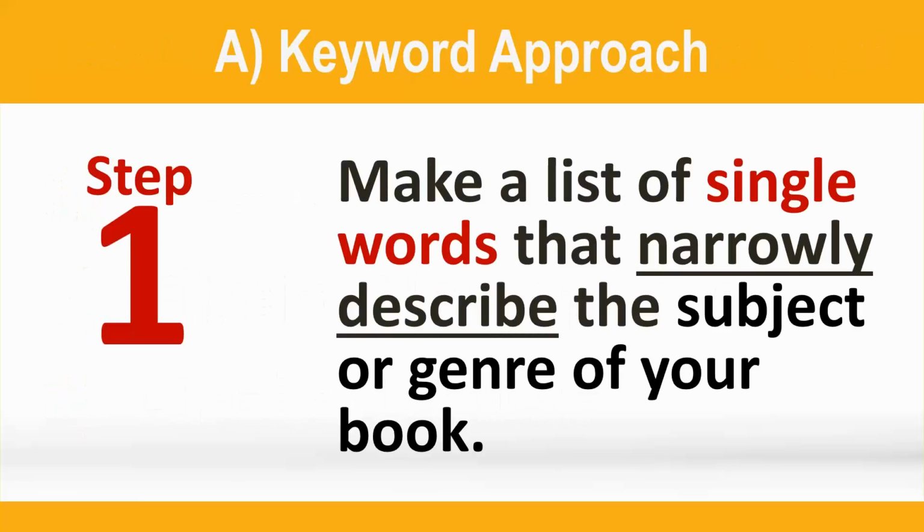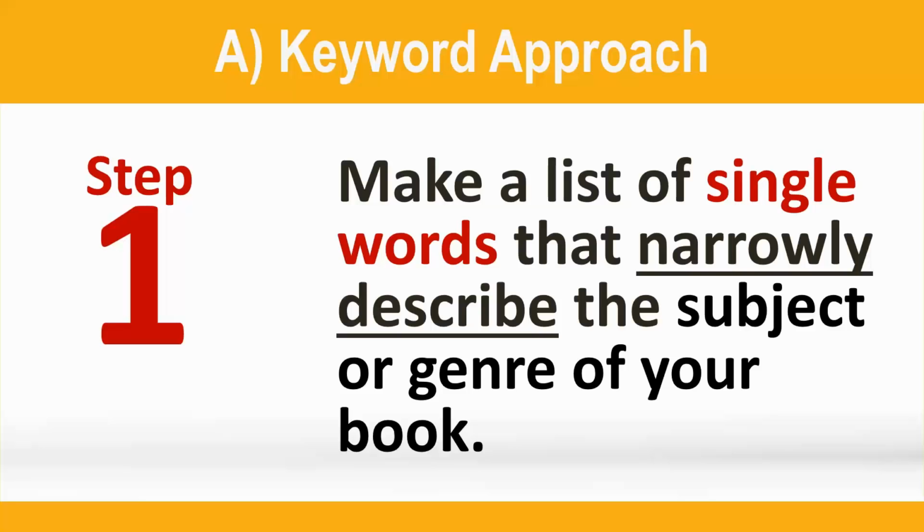Okay, let's take the keyword approach. That's approach A. First, step 1, make a list of single words that narrowly describe the subject or genre of your book. Think about it as if there was a Kindle category just for your book: what word would appear in that Kindle category?